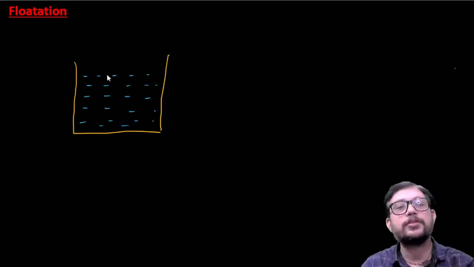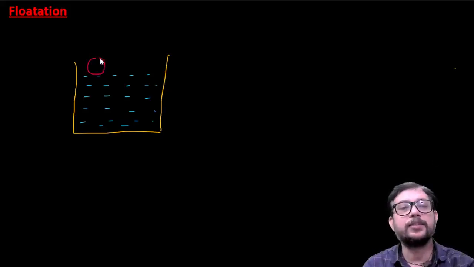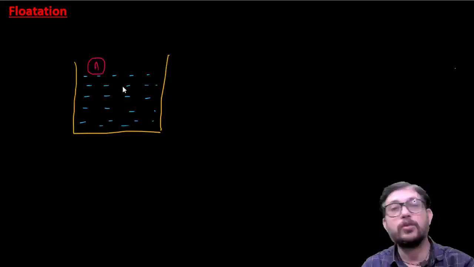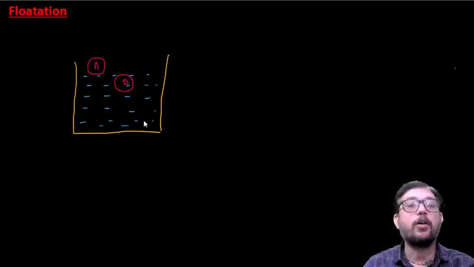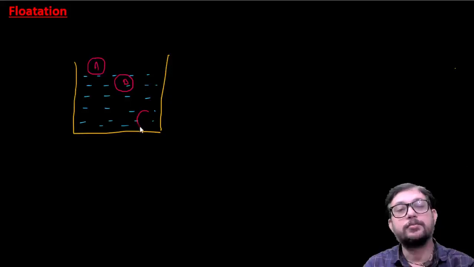There may be three conditions that arise. Let this be your body in this position, position A. Maybe the body will be at position B like this, or let the body be in this position.